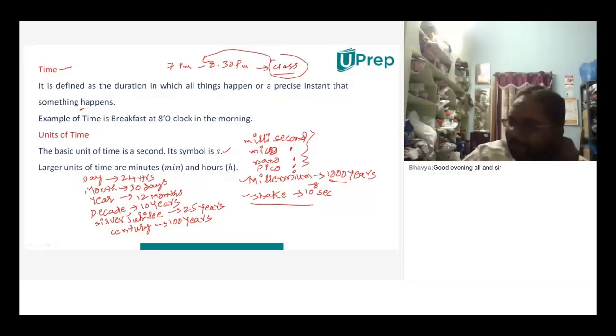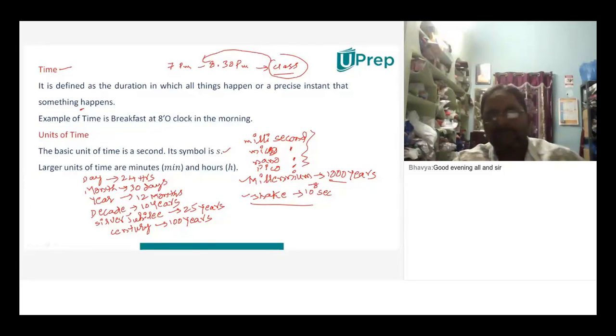More than millennium there are also yugas, like Kali Yugam and Treta Yugam, which we say in daily life, but we will not use them. They are in the Vedas. In our daily life, millennium is the biggest unit of time, which is 1,000 years.